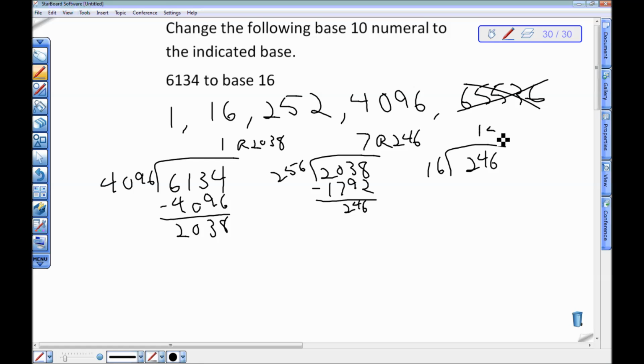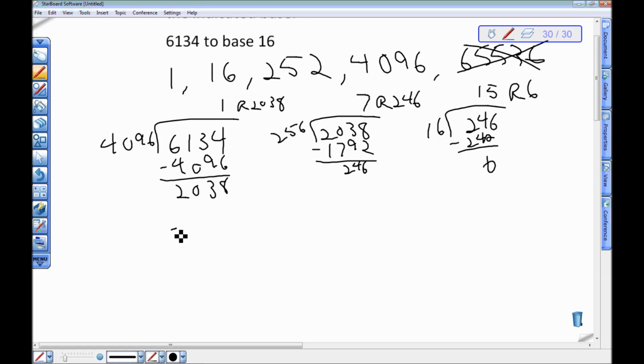I see that goes in there 15 times. 15 times 16 is 240. Subtract gives me a remainder of 6, which is good, because I'm in my 1's place anyway. So 6,134 is a 1 in the 16 cubed place, a 7 in the 16 squared place. Oh, I can't write a 15 there.